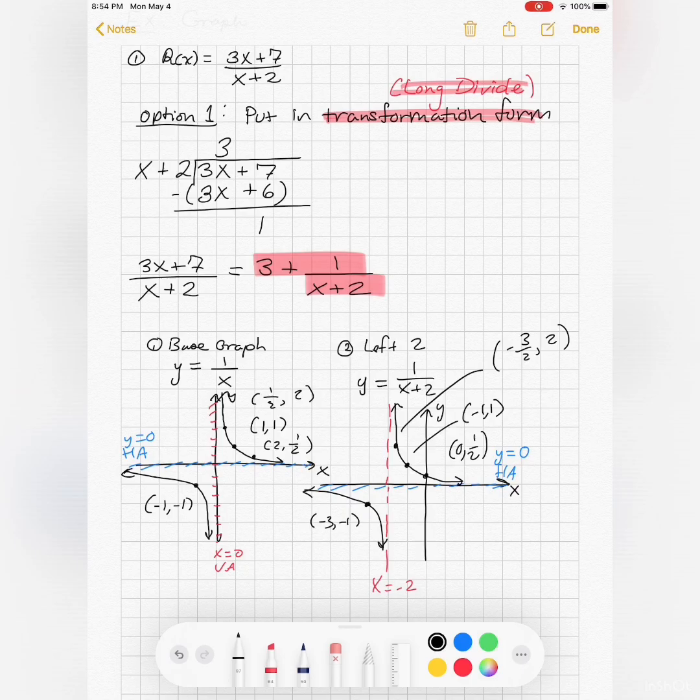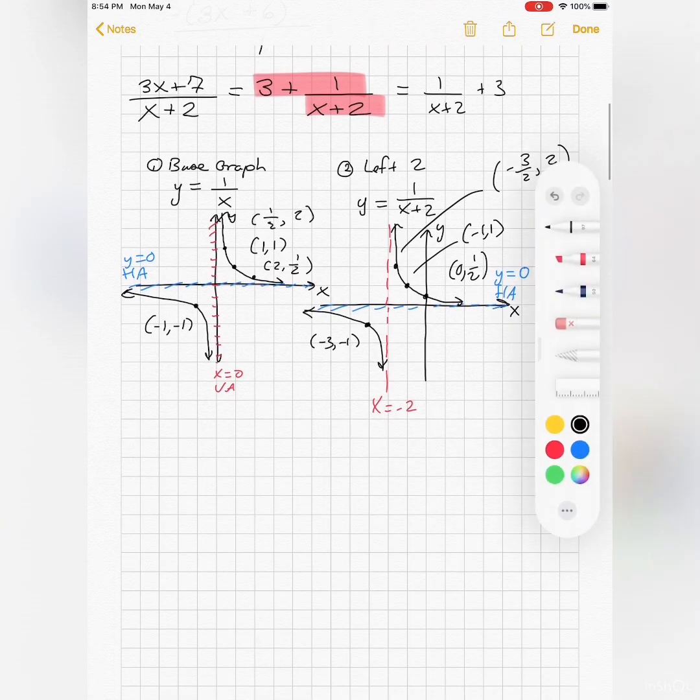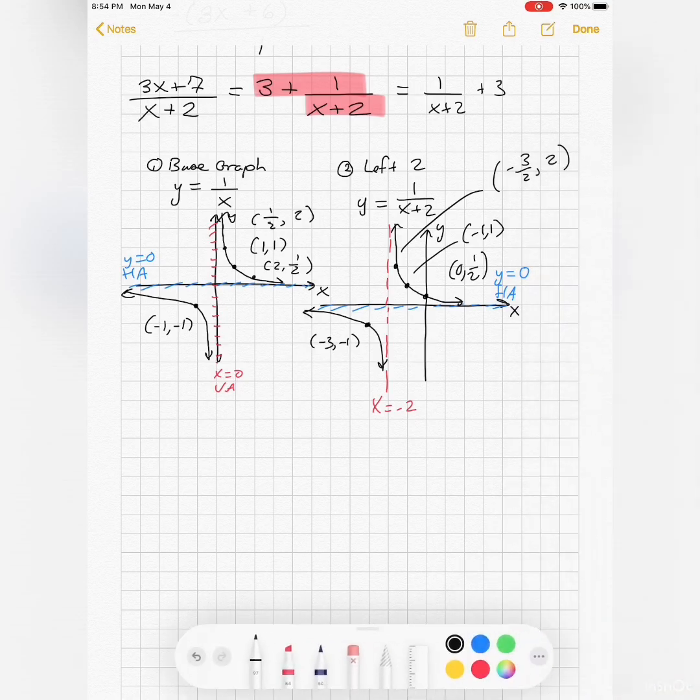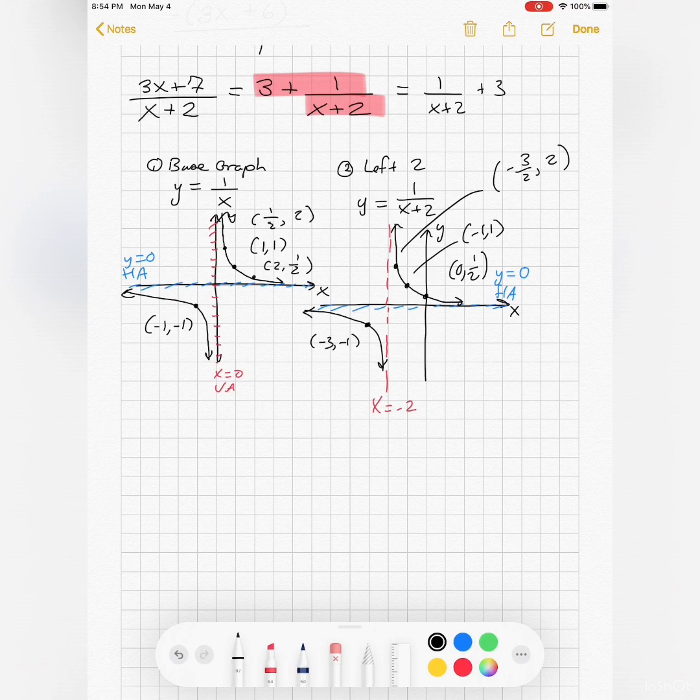My last step is accounting for that +3. That's going to be moving the graph up 3.